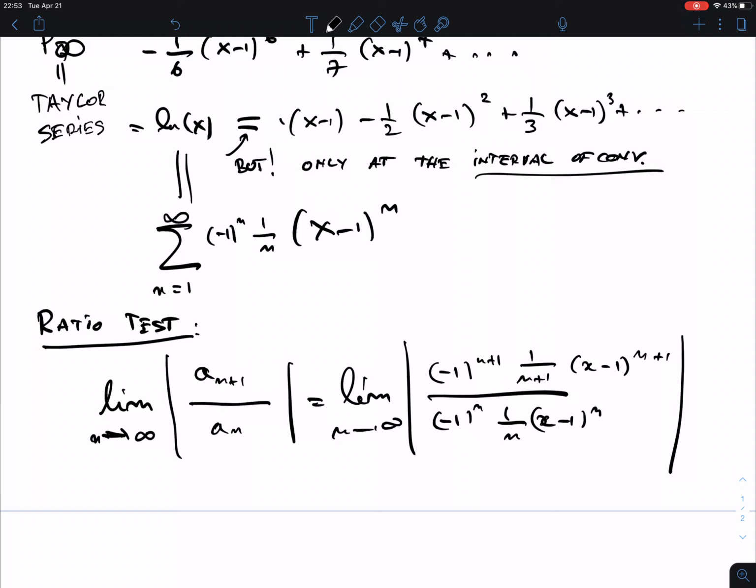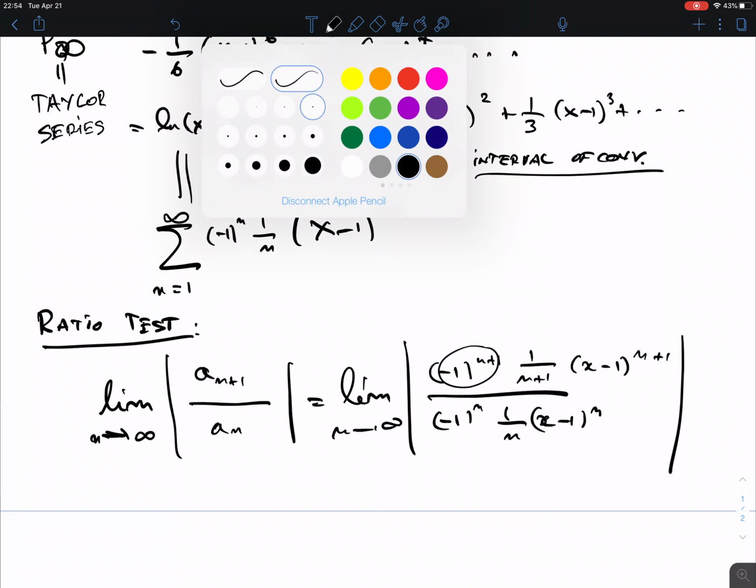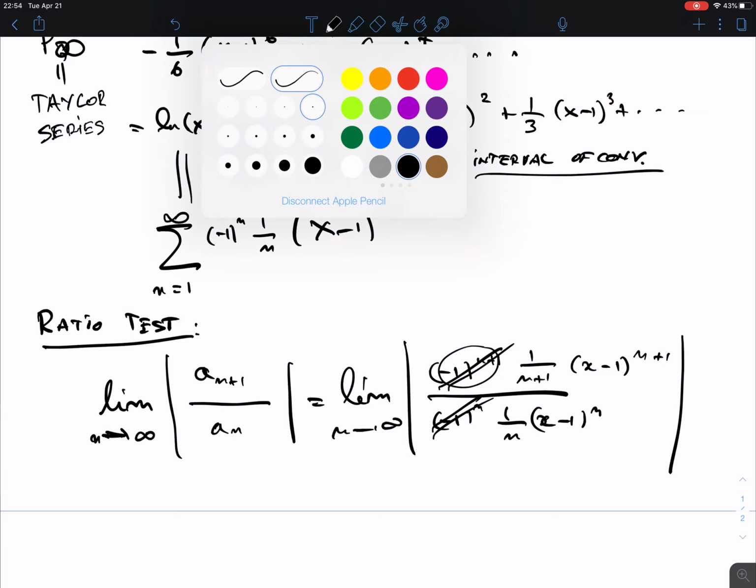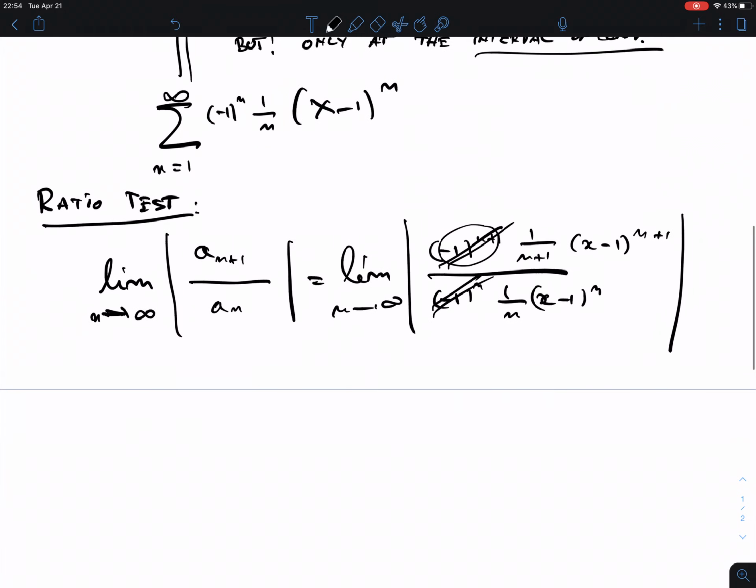Now, about the absolute values, there are two things that happen, right? There's this negative sign, which, if we take the absolute value, is gone. So let's do that already. I don't care about this, okay? But there's also x minus 1, right? That could be negative.